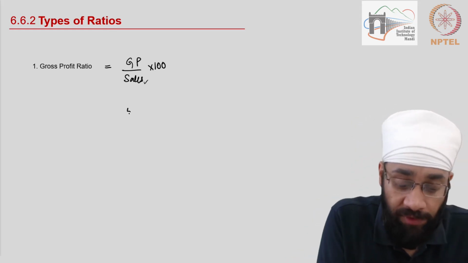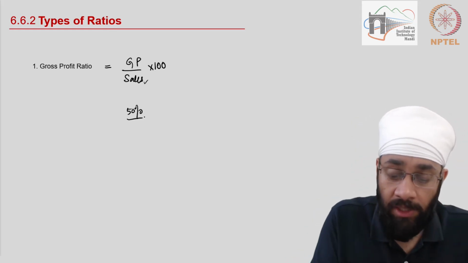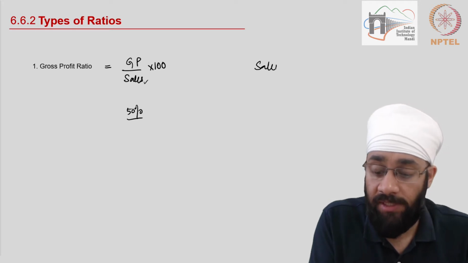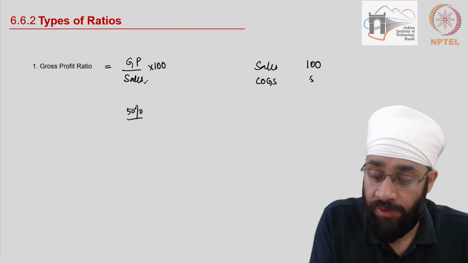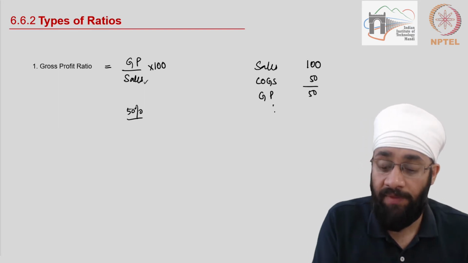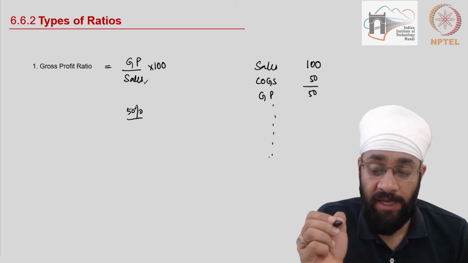So a gross profit of 50% would mean that from the sales, if you remember the income statement format, the cost of goods sold is 50 and 50 is your gross profit, and then you have the rest of the expenses that follow.